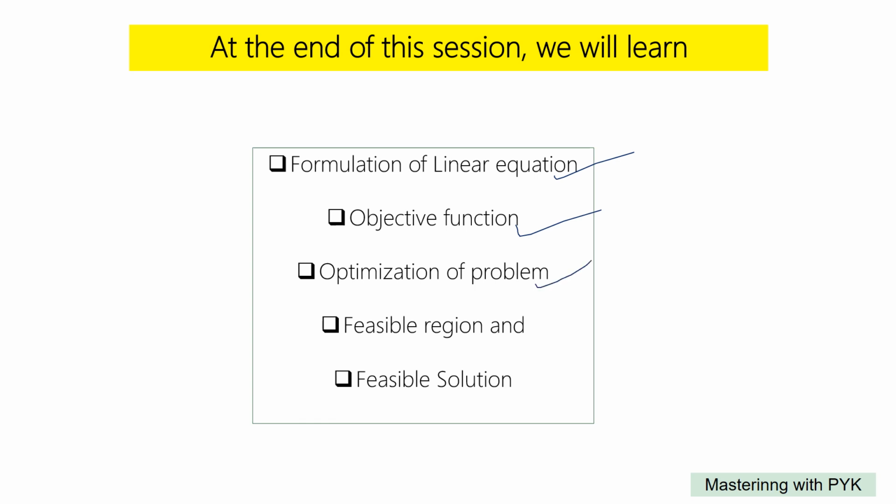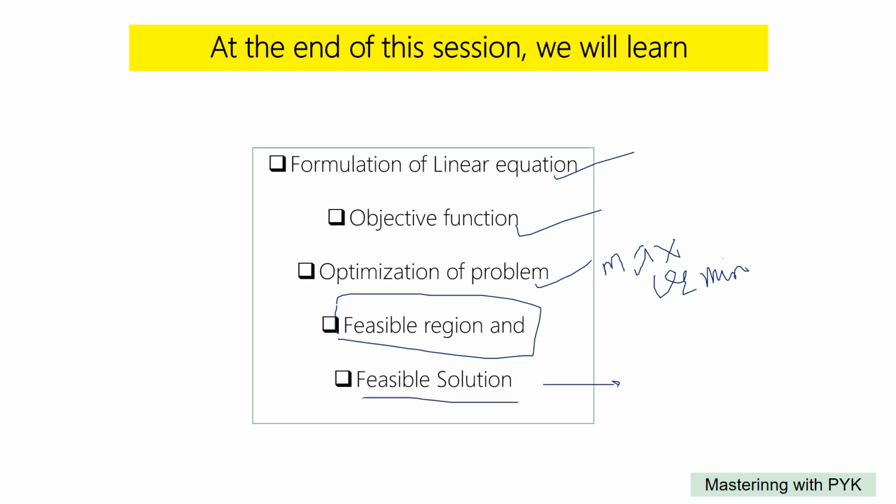Optimization of the problem depends on whether I need to maximize or minimize, which depends on the requirement. The feasible region can be the entire region which is feasible, but a feasible solution will always be an optimum solution which will give me the maximum or the minimum value.